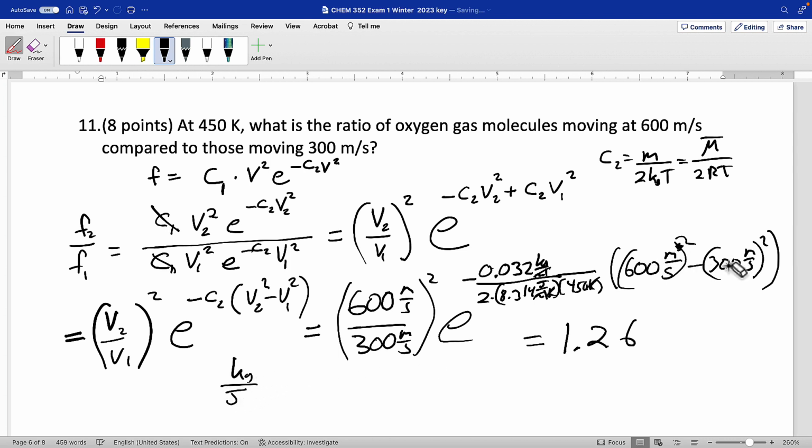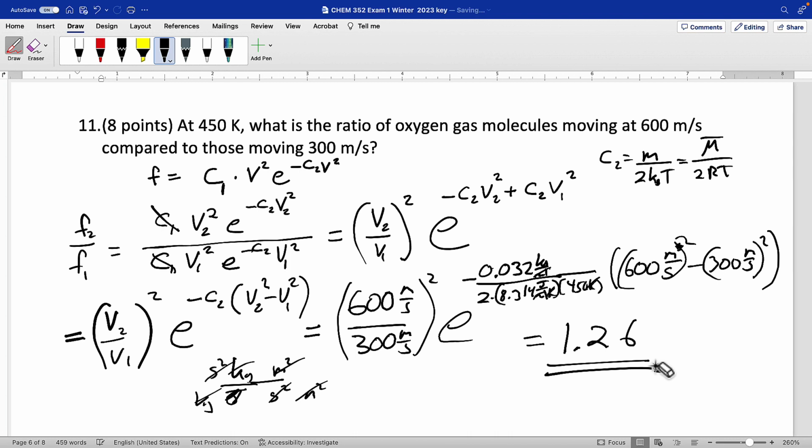And then we have this leftover bit here of meters squared over seconds squared. Remember, a joule we said was a kilogram meters squared per second squared. So we can see the seconds are going to cancel, the kilograms, everything cancels, which is good because we're going to feed this into an exponential, so it had better be unitless. All right, so this is our final answer.